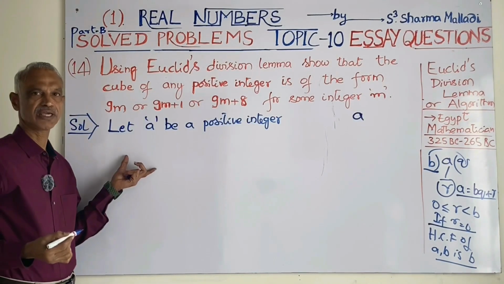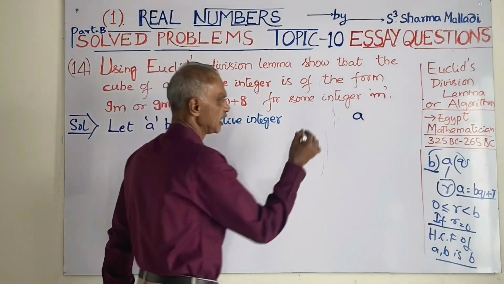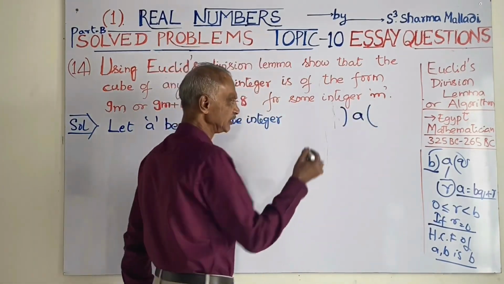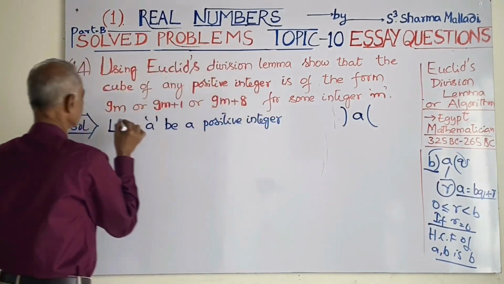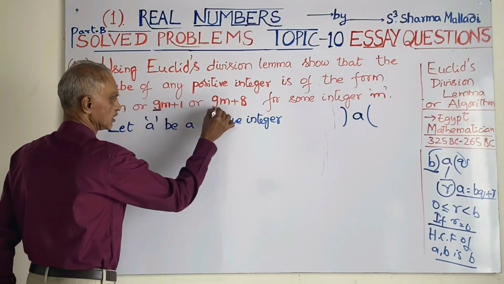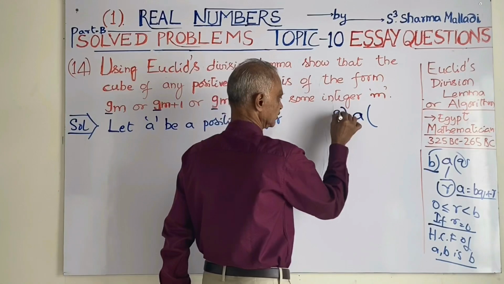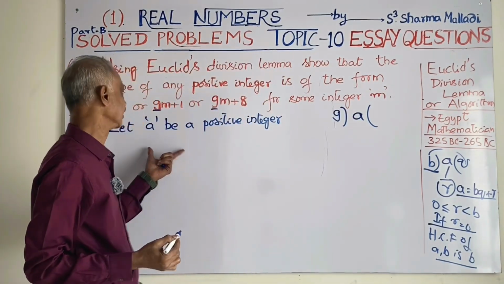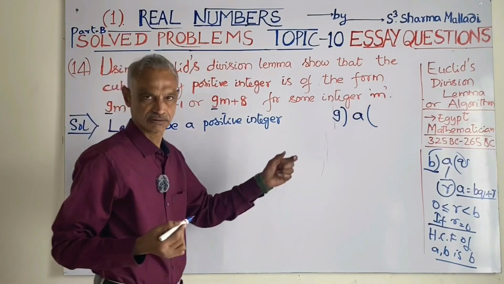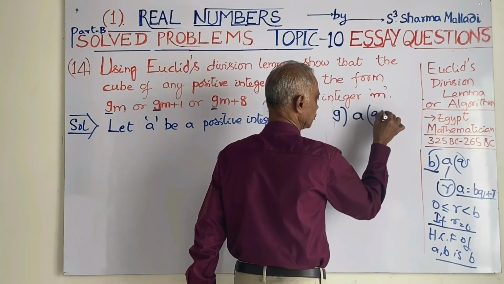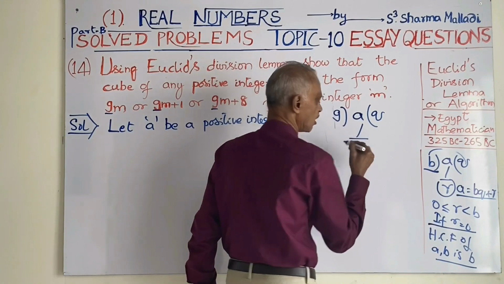Let a be a positive integer. I am dividing the positive integer a with 9. Here the divisor is 9. You take the divisor 9. You will get the quotient q and remainder r.